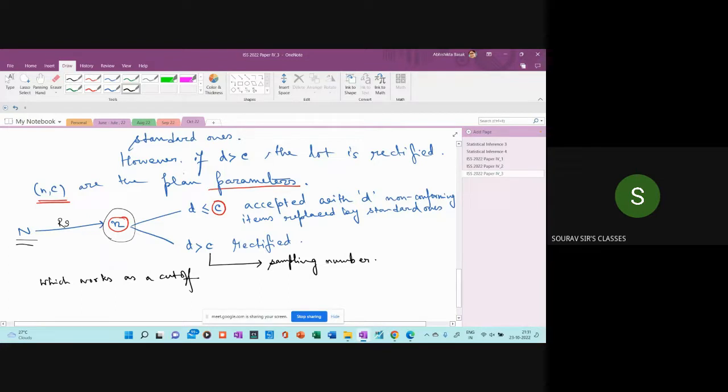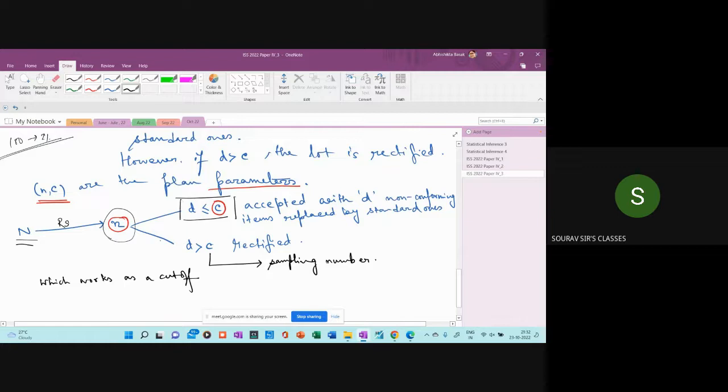Suppose out of a lot of size 100, I can allow only 2% of defects. So this is the allowable limit of this particular lot. If the number is equal to 2% or less than or equal to 2%, we are going to accept this lot, and we are going to replace that 2% or less than 2% of items with standard or proper quality items, so that the lot will be ready for the market.